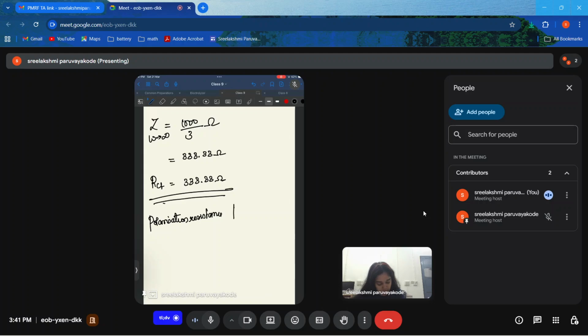So polarization resistance is RP. RP is when omega tends to 0, the Faradaic impedance when omega tends to 0. So let me again draw the figure. You have the solution resistance, you have CDL, you have a simple resistor, you have another resistor and capacitor.